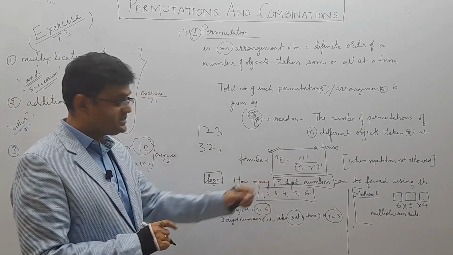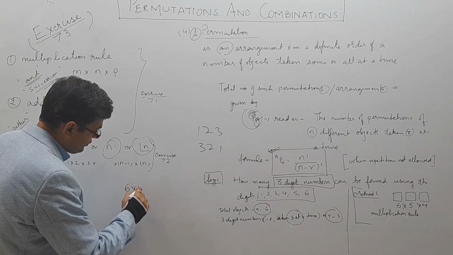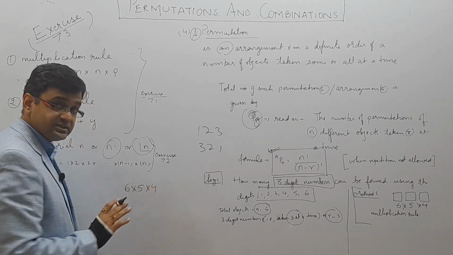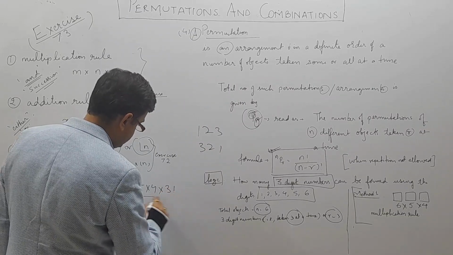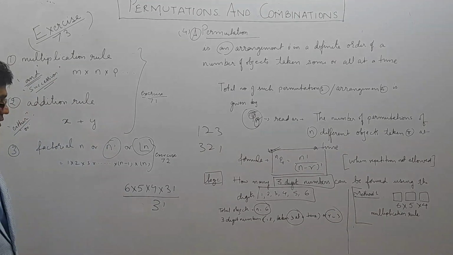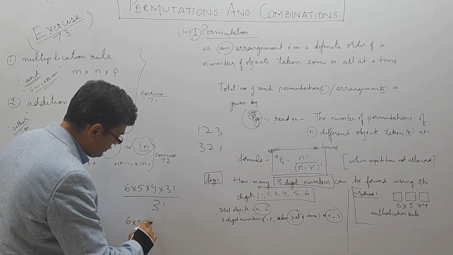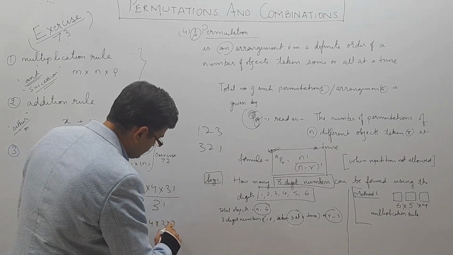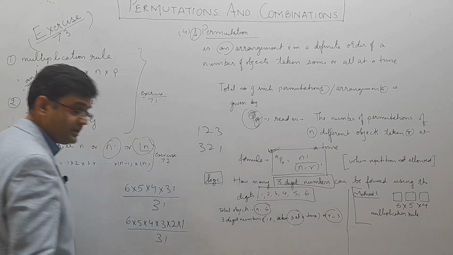Now, this is the same as writing 6 into 5 into 4. This is our answer. Now, if I write 3 factorial here, that means multiplying and dividing by 3 factorial. And this we can write as 6 into 5 into 4 into 3 into 2 into 1 upon 3 factorial.